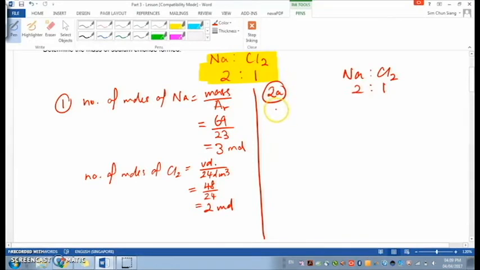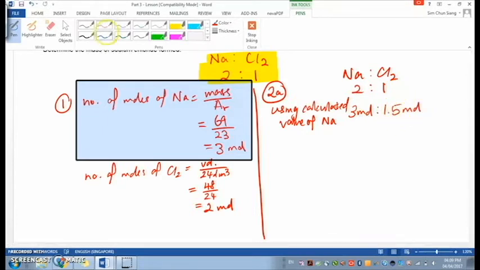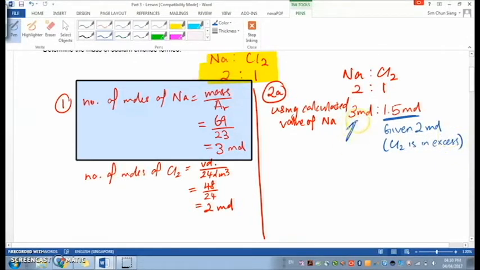Now that I've calculated the number of moles of sodium to be 3 moles, 3 moles of sodium will need 1.5 moles of chlorine gas. But I have 2 moles of chlorine, and based on the ratio, I only need 1.5 moles. As such, chlorine is in excess. And if that's the case, sodium will be the limiting reactant.